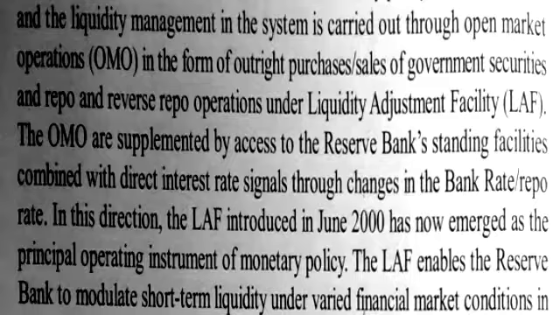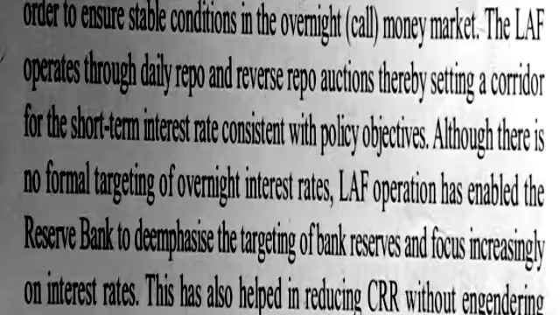In this direction, the LAF, introduced in June 2000, has now emerged as the principal operating instrument of monetary policy. The LAF enabled the Reserve Bank to modulate short-term liquidity under varied financial market conditions in order to ensure stable conditions in the overnight money market.